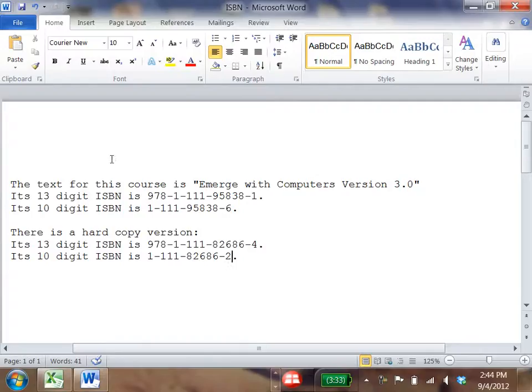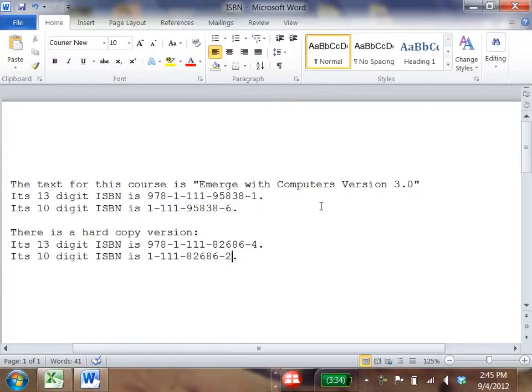Also, if you just look up this ISBN number up here, you can buy just the online version. And Cengage has a place where you can get both of them together for a little less than $100. You need to look around if you haven't bought something already. If you have bought something already and are not happy with the price you paid, you can take it back to the bookstore, I think, if you haven't ruined it somehow, and then you can buy it this other way.